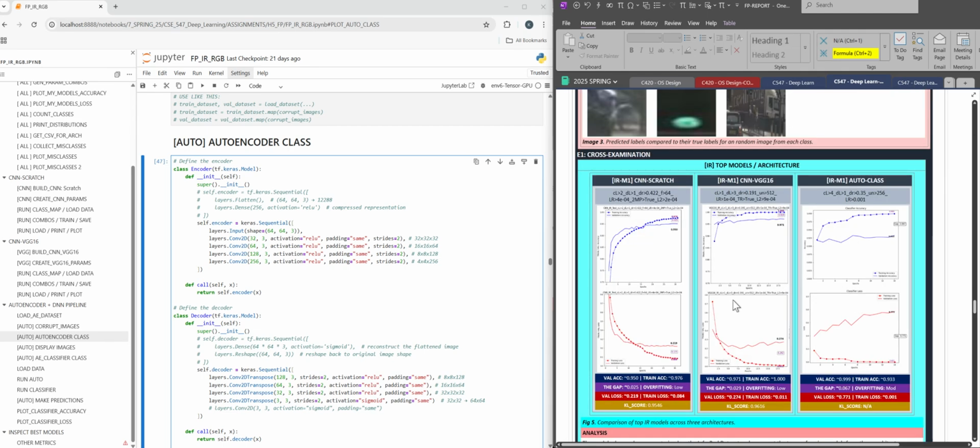All right, so now we've got a side-by-side comparison of the top models for each architecture. One thing that's notable about the autoencoder classifier is that it doesn't have this sort of learning curve.